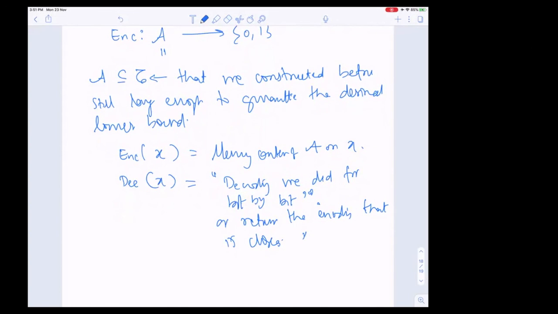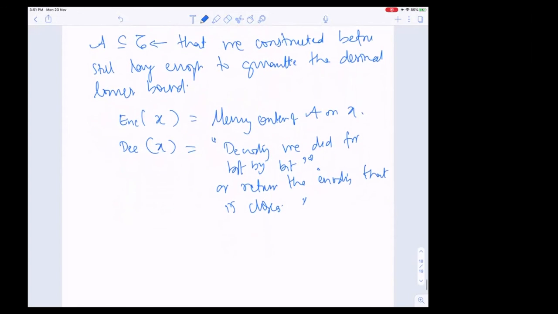But what is the problem if I do this now? Can I define my encoding function as this?